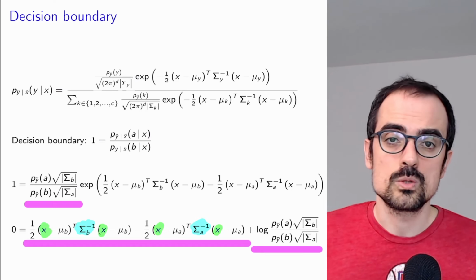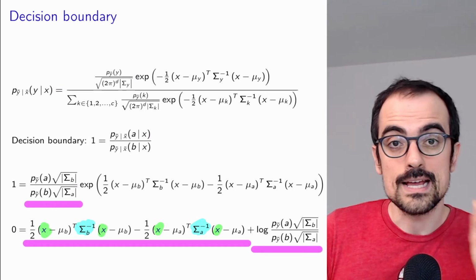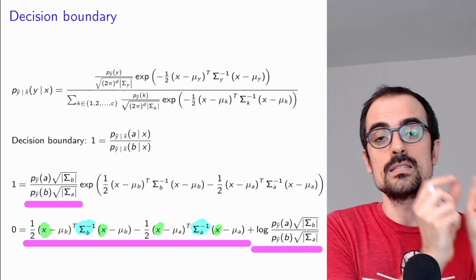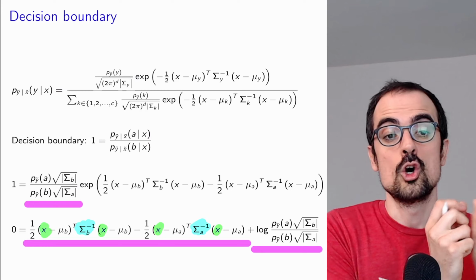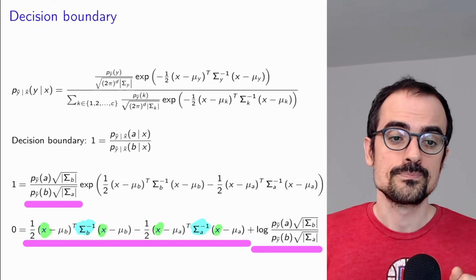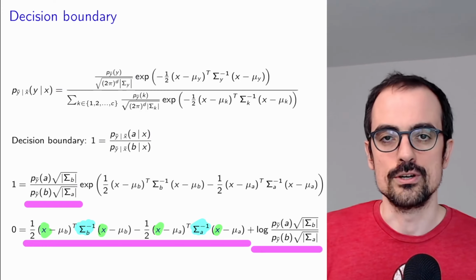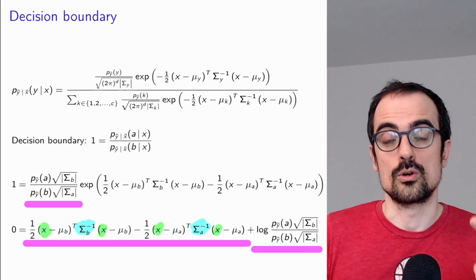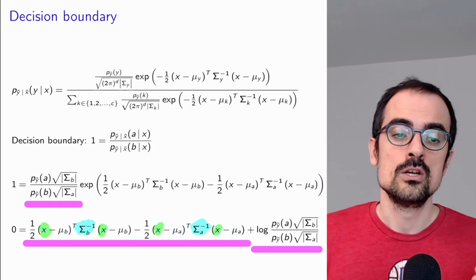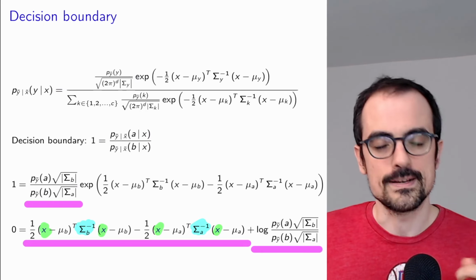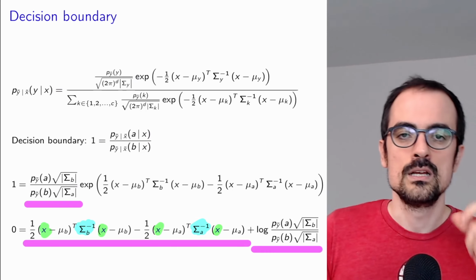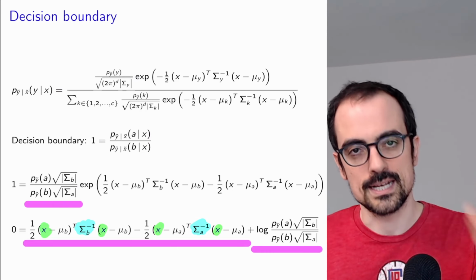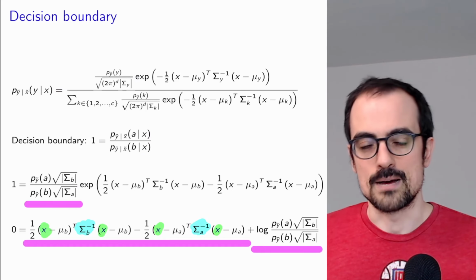If you compute that out, what are we going to get? We're going to get terms where the entries of x are either multiplying another entry of x, or multiplying themselves, or multiplying some entry of mu. So basically, we're going to have a second order polynomial. We're going to have the square of the first entry of x times some number, plus the first entry of x times the second entry of x by some number, and so on and so forth.